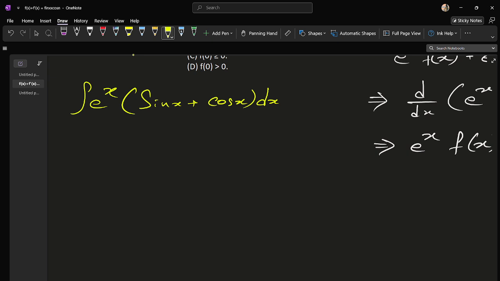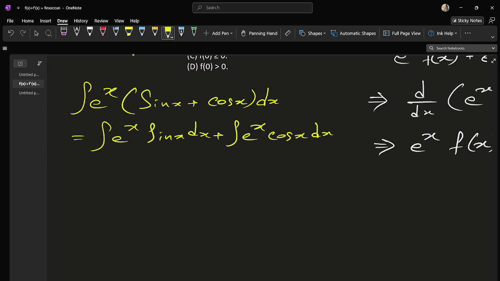So we can write it as the integral of e to the power x sin x dx plus the integral of e to the power x cos x dx.